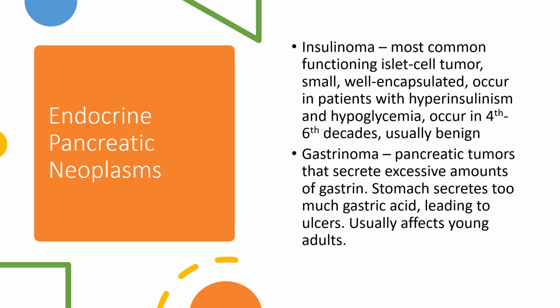Gastrinomas are going to be seen in younger populations. They usually affect young adults, and because of the excessive amounts of gastrin, the stomach then starts to secrete too much gastric acid, and we see these patients often come in because of ulcer type pain.